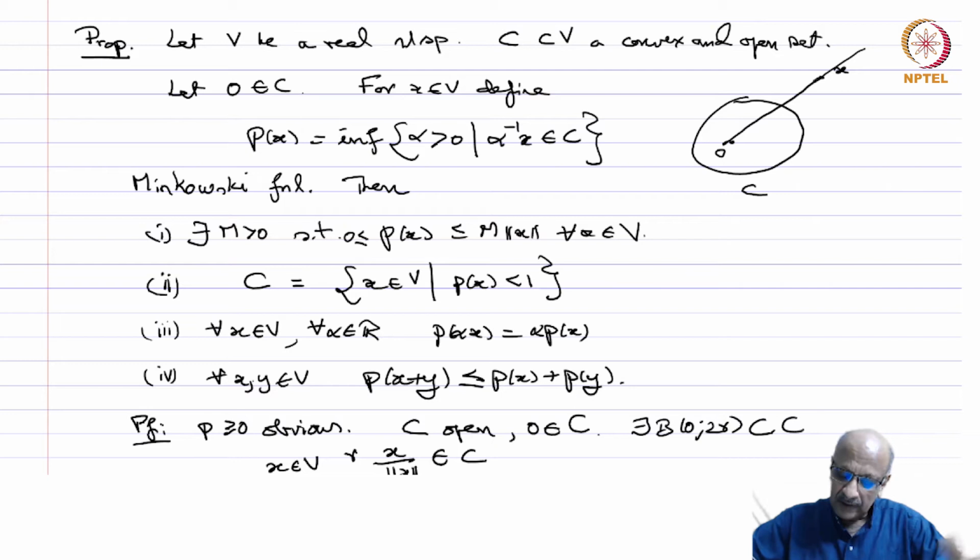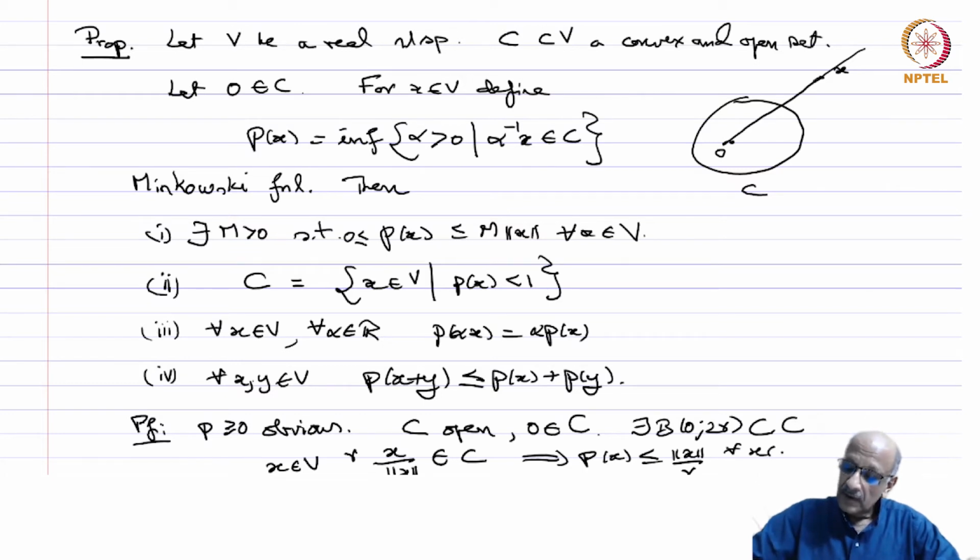R by norm x can be thought of as an alpha inverse such that alpha inverse x belongs to C, and therefore Px is the infimum of all such numbers. So this implies that Px is less than or equal to norm x by r for all x in V. So you can take 1 by r as m, and so this proves the first one.